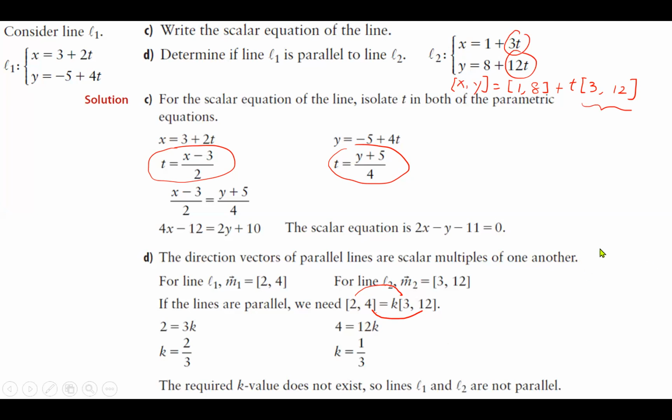Okay, any questions? I'll give you 2 minutes to have a look at the solutions again.